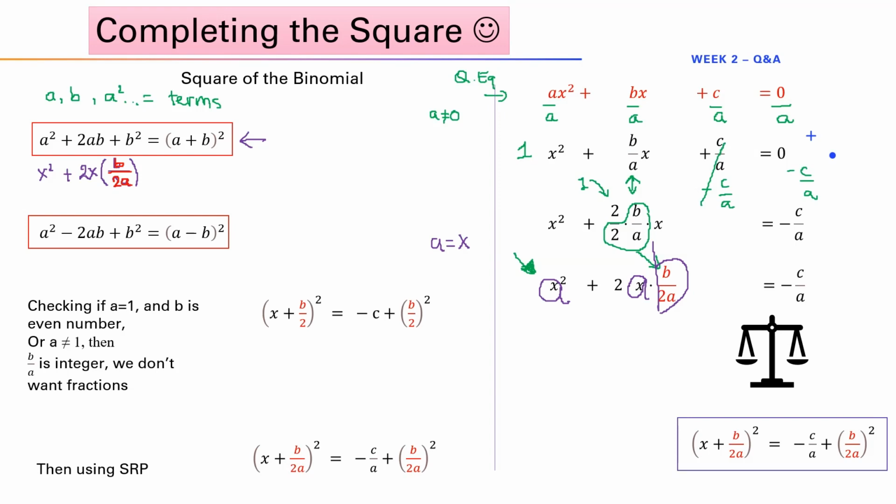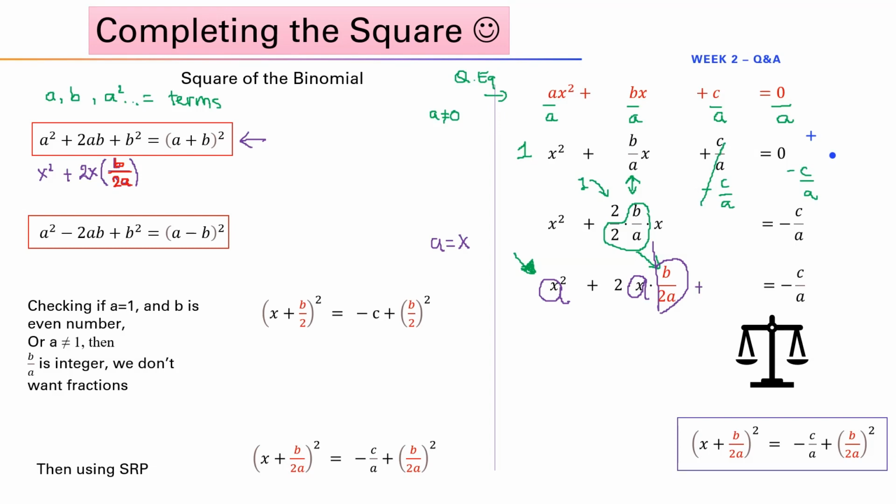Yes. So now to make it become the square of a binomial, I will add to both sides b squared, the bubble b. So this one will be the big B right here.